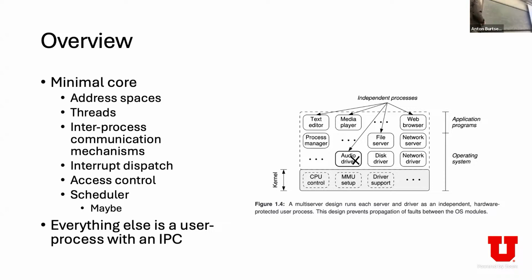You can build mathematical proofs about it, right? A modern microkernel still stays within roughly 10,000 lines of code. It's the same size as x86, right? x86 was roughly 10,000 lines of code. It had a file system, but did not have support for threads or inter-process communication. But roughly speaking, this is where you will be: 10,000 lines of code.